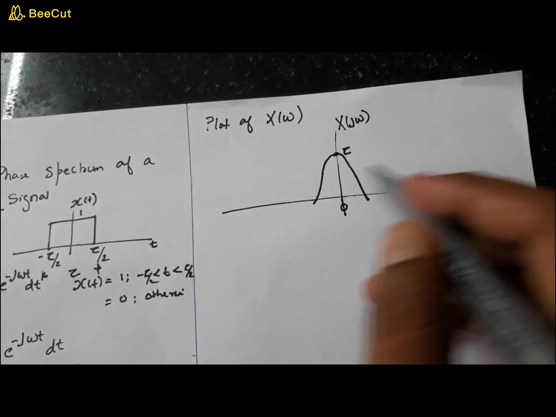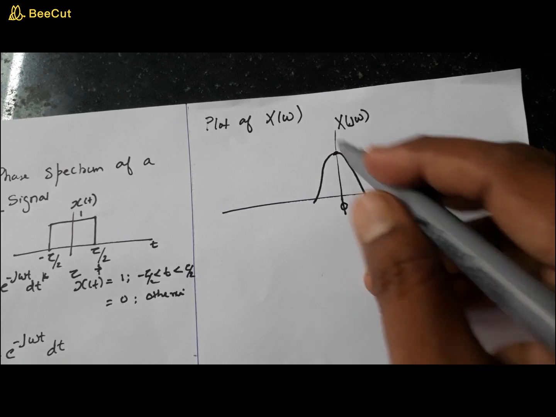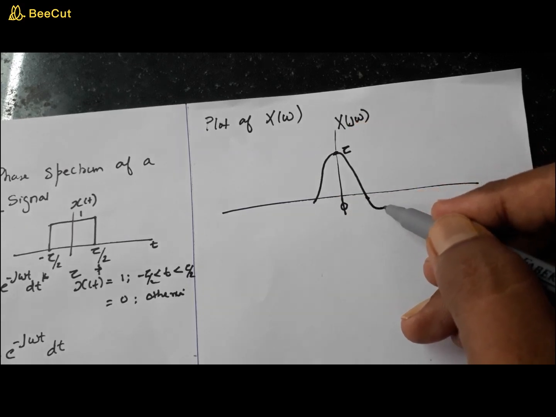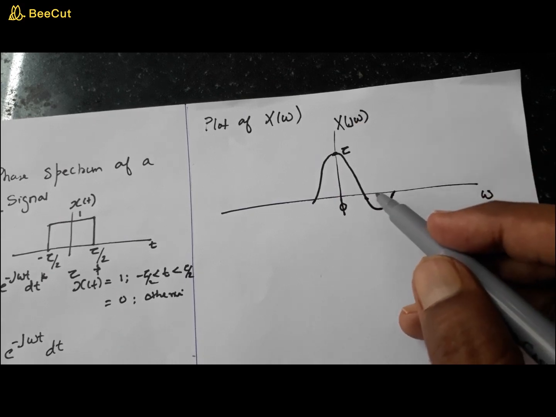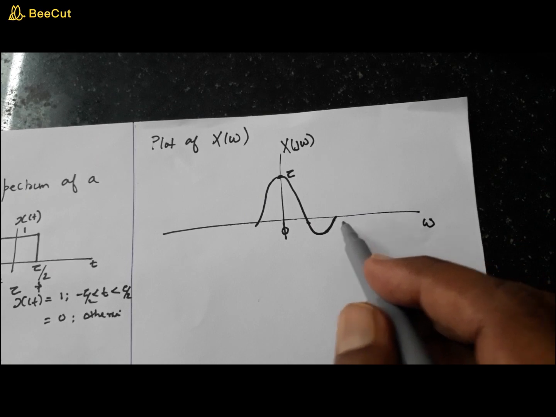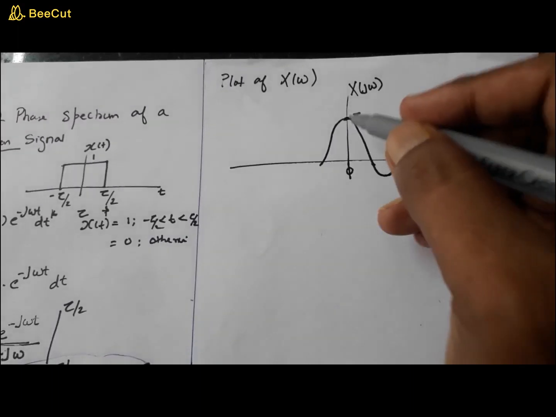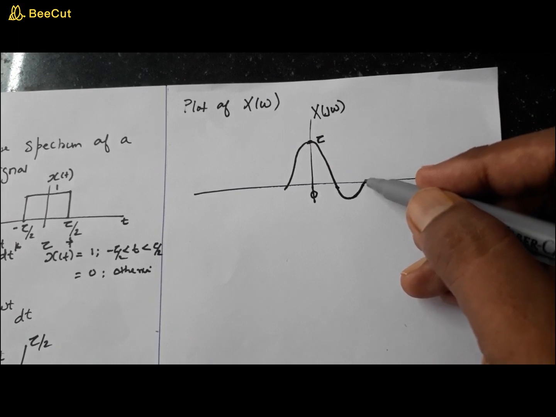This will be symmetric along this imaginary axis. It will have a sinusoidal pattern, but after omega increases, the amplitude also decreases because of this. You won't get this much amplitude in the next cycle.